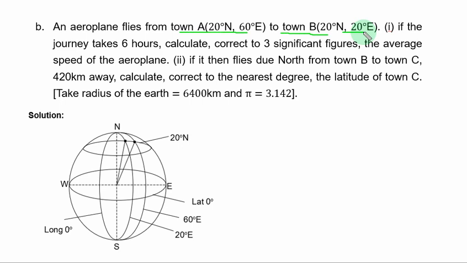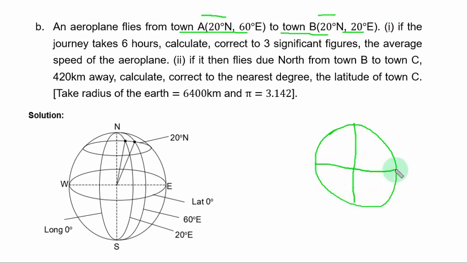Working with the given information, this latitude is a small circle, and the latitude is the same for both points. So you draw the earth as a sphere, you draw the principal axis north, south, west, east. You draw the reference point, that is the equator, latitude 0 degrees.